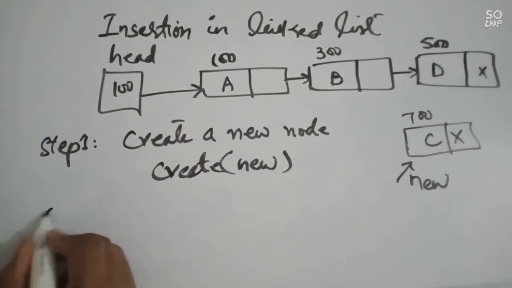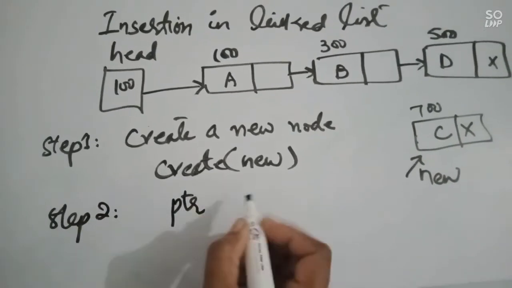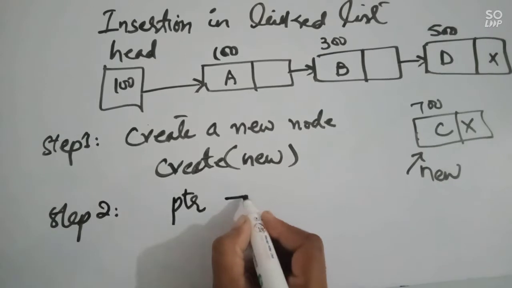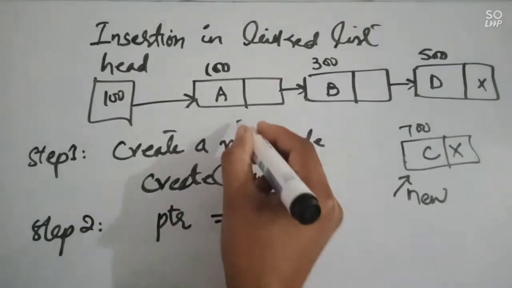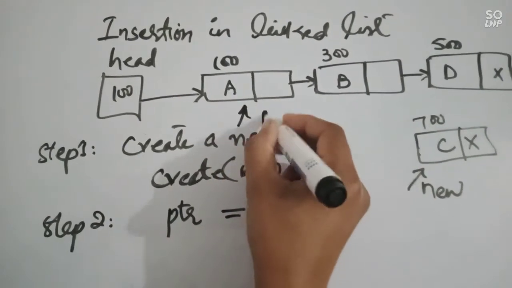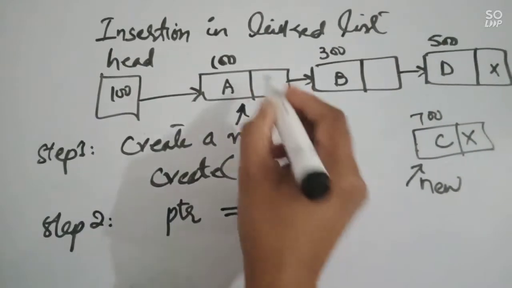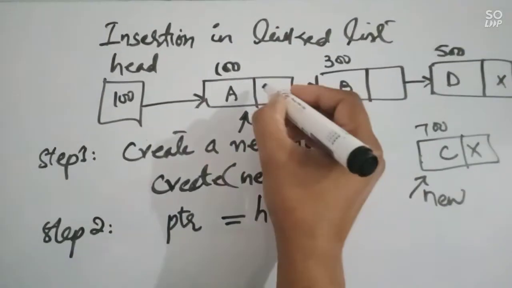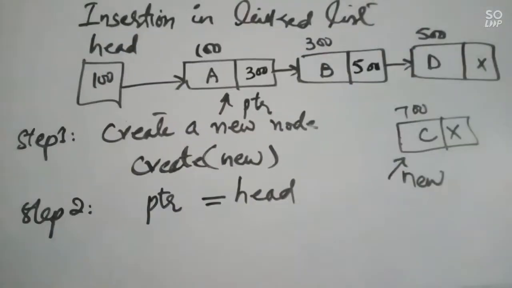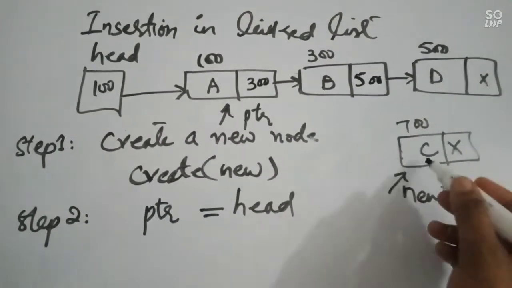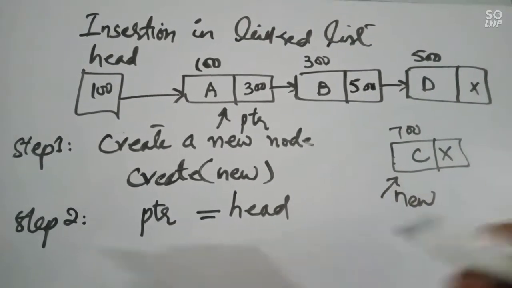Now in step 2, we have a pointer ptr that is already set to head. So ptr is pointing to this first node. We know that every node has two fields, info and link. Info contains information and link contains the address of the next node.